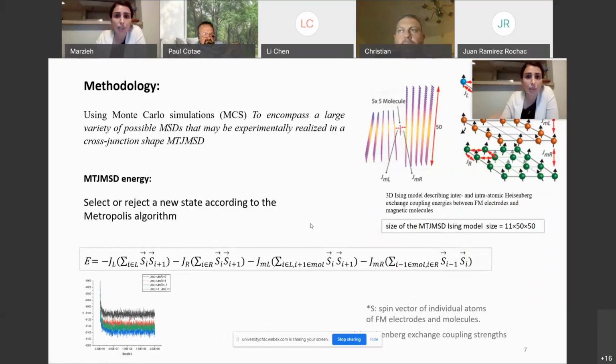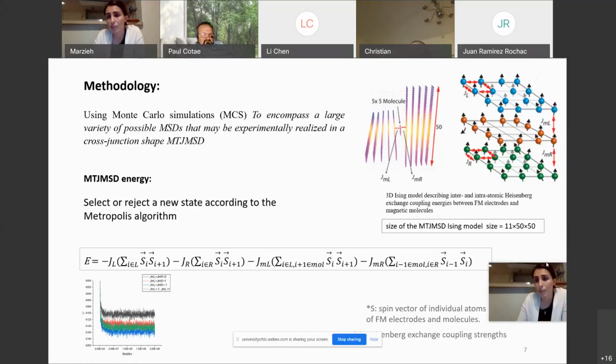Monte Carlo simulation has been used to encompass a large variety of possible MSDs, magnetic molecular spintronic devices, and we expect that the results of this simulation help us to consider many different kinds of possibilities in the real world and to design the real device experimentally. The Monte Carlo simulation in this study uses the Metropolis algorithm, and let me explain a little bit about the images that we have here.